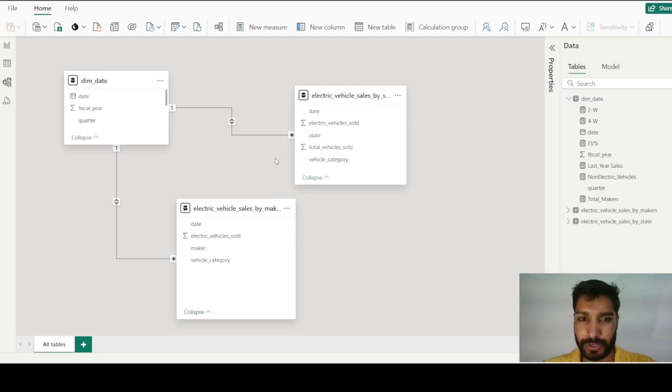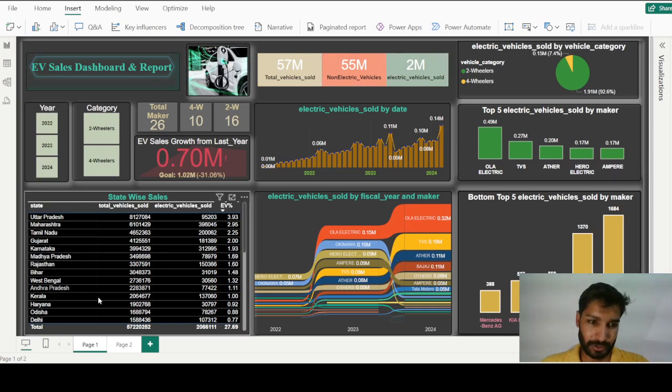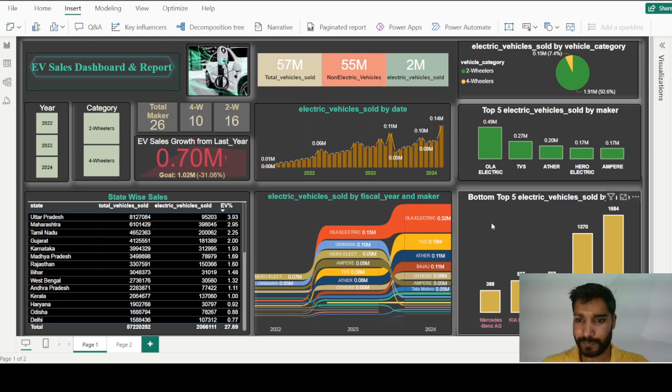Then we created some formula-based columns, like measures, for example the total sum of electric vehicle sales since the starting year, 2000. After doing all this transformation, this is the wonderful Power BI dashboard that I have created.